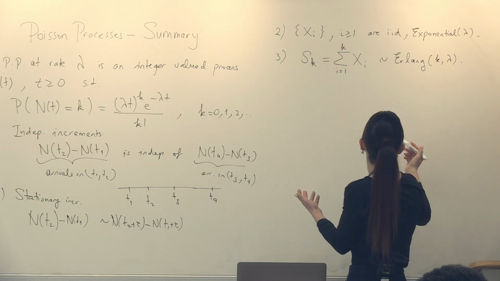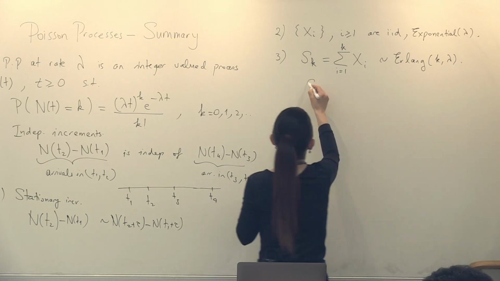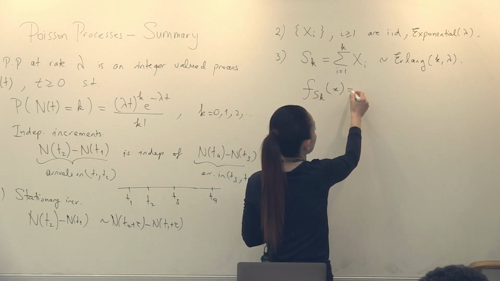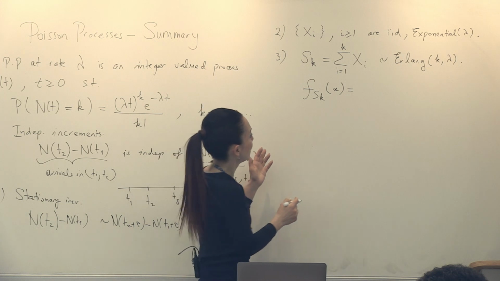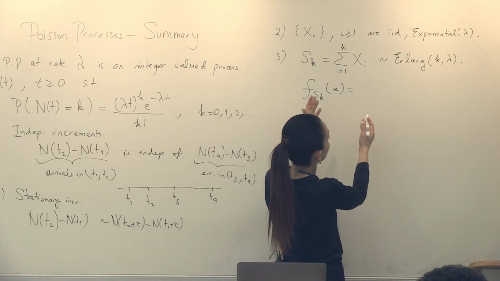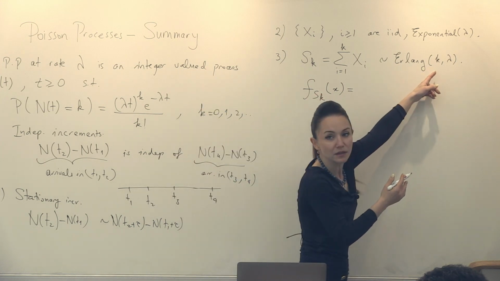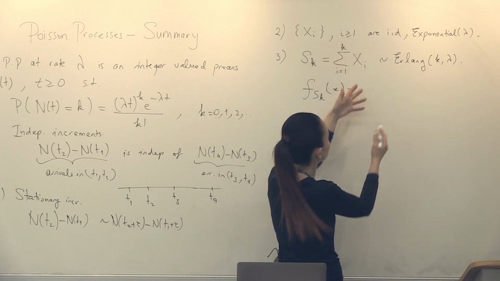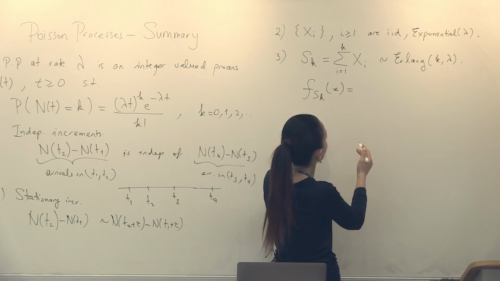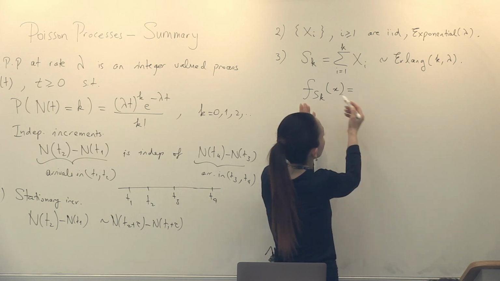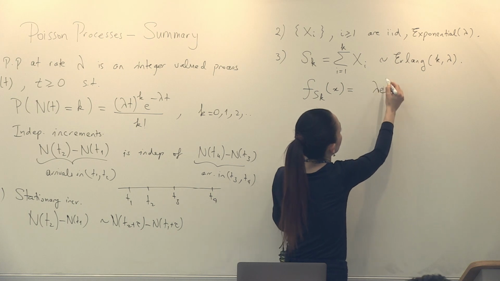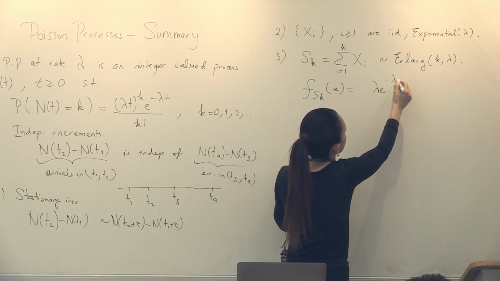What is the Erlang distribution? Let's just try to write the PDF. The Erlang distribution of order 1 is identical to the exponential distribution. Okay, it reduces to the exponential distribution, k equals 1. So remember, the exponential PDF is lambda e to the minus lambda x.